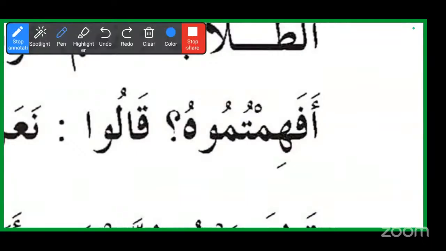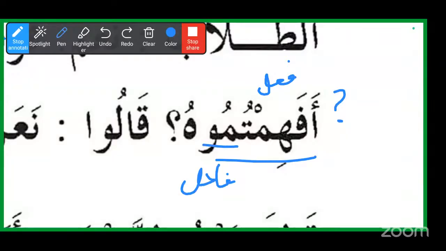قال المدرس. The teacher says أفهمتموه. In the last lesson we discussed this in detail. Is the question. Fahima is the verb. Mim is the fa'il. But afahimtumhu is not okay.